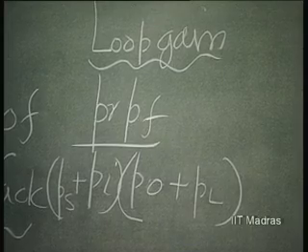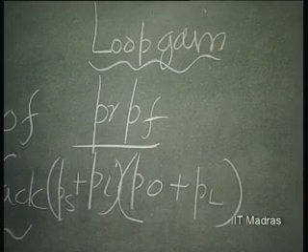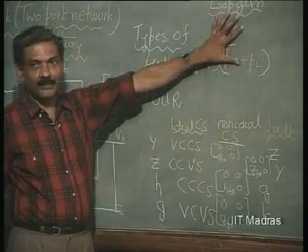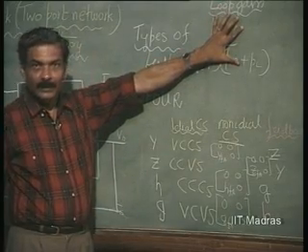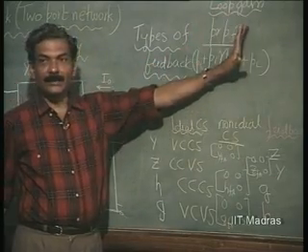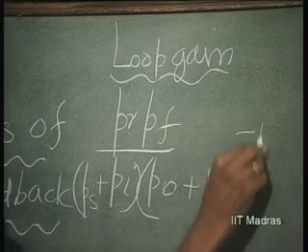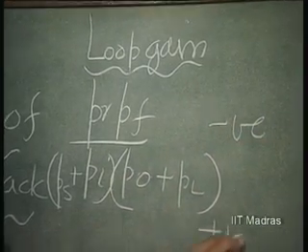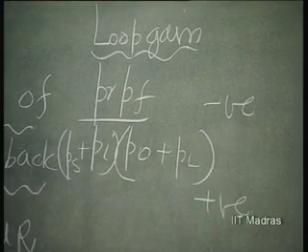It just depends upon whether the parameters are Z, Y, G or H. In all these things it is the same. Then if this factor is negative, then it is negative feedback. If it is positive, it is positive feedback.